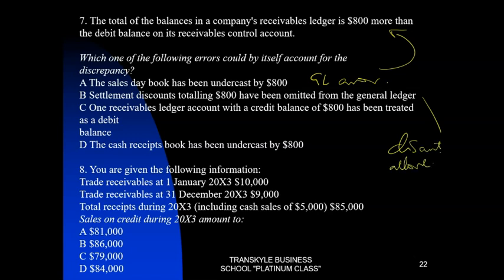We are not talking of discounts received. So we are saying the discounts which we have allowed to our customers, because discounts allowed are expenses. Expenses are increased by debiting. Remember the PO's acronym.